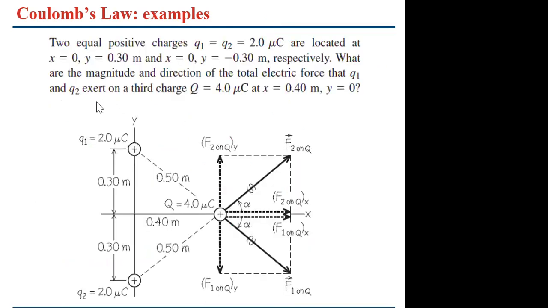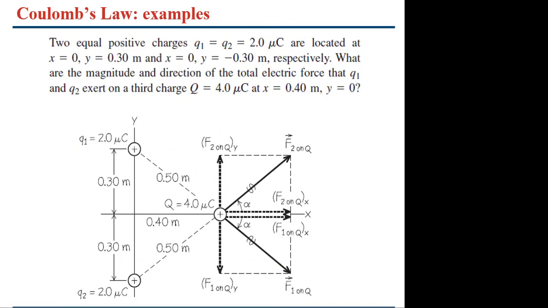We take another example, Coulomb's law. Now we will talk about the superposition principle. Two equal positive charges, Q1 equals Q2 equals 2 microcoulombs, are located at x equals 0, y equals 0.3 meter, and x equals 0, y equals minus 0.3 meter respectively.